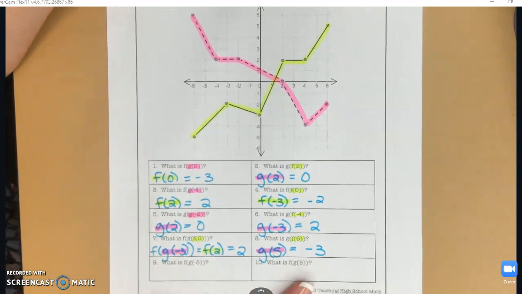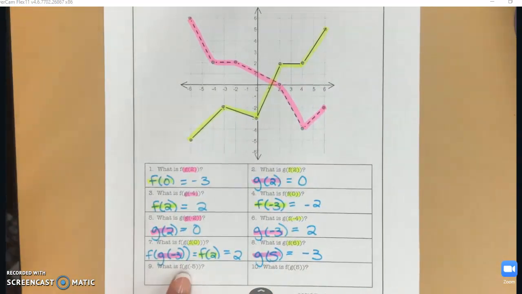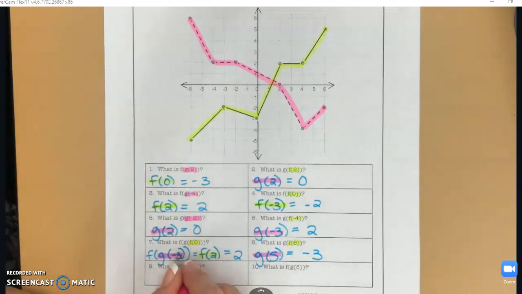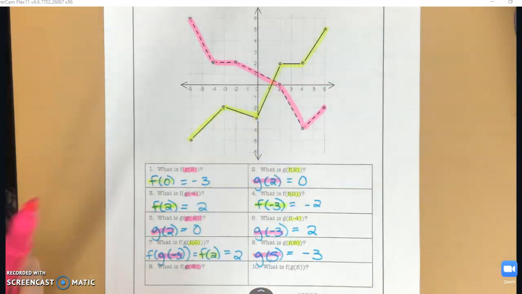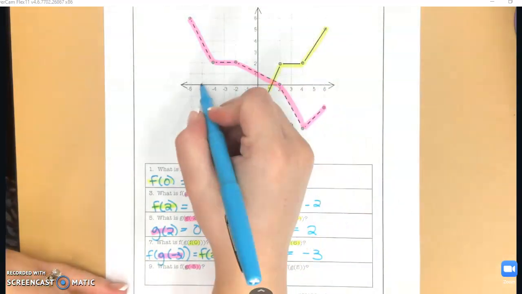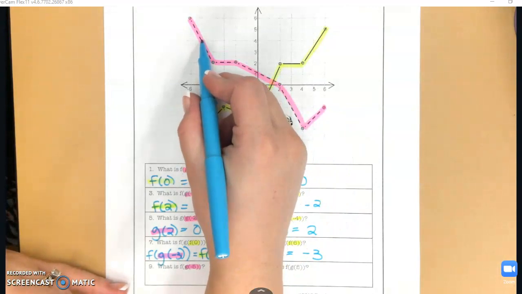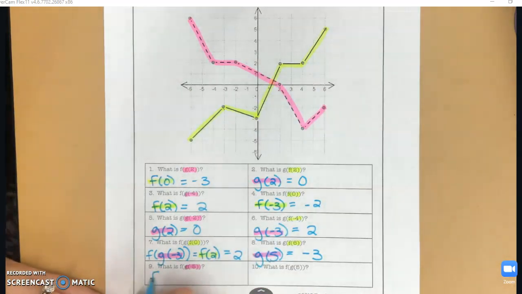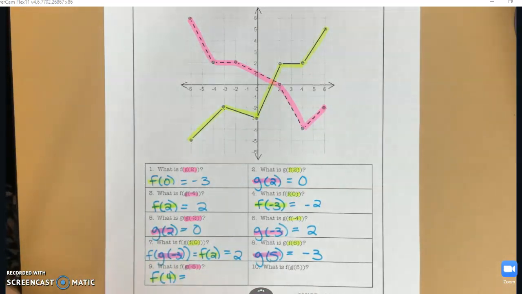And then our last two, starting with the inside, g of -5, that is, g of -5 is 4, so I'm looking for f of 4, which is on the yellow, and that is +2.